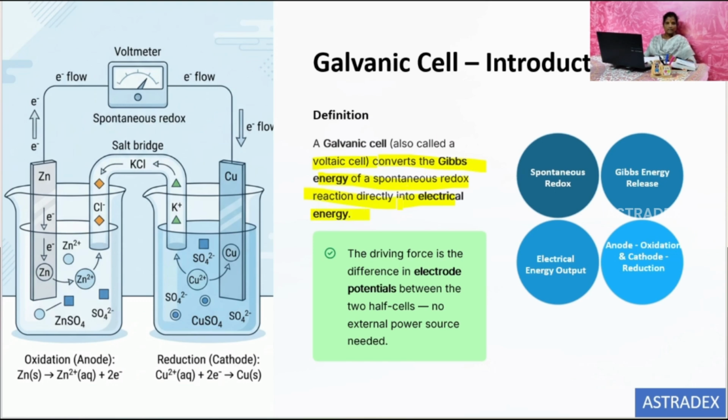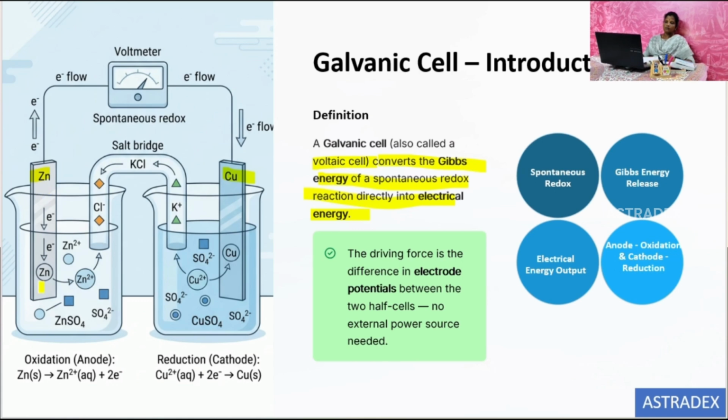So we are still in the discussion about the electrochemical cell. This galvanic cell is an electrochemical cell. A neat diagram is given here. You can easily observe the zinc electrode and the copper electrode.